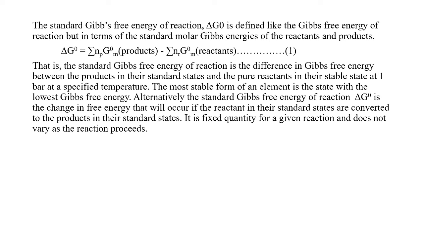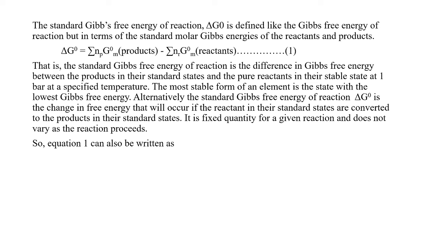Alternatively, the standard Gibbs free energy of a reaction, that is the delta G naught, is the change in free energy that will occur if the reactants in their standard states are converted to the products in their standard state. So it is a fixed quantity for a given reaction and does not vary as the reaction proceeds.